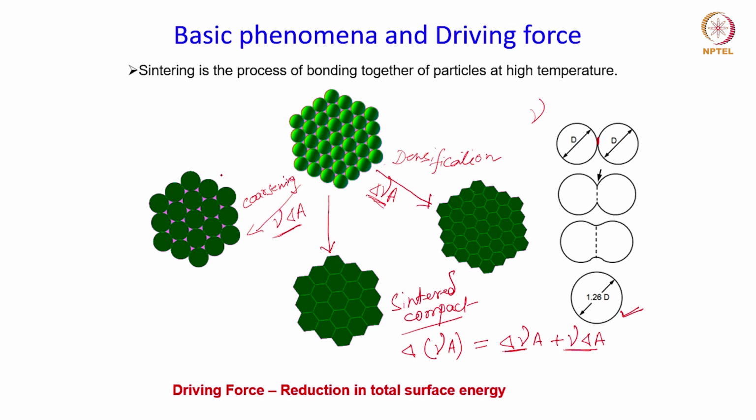And the sintering process basically starts with the formation of a neck at the contact points of the particles, and as it proceeds the neck grows, which ultimately leads to pore closure.